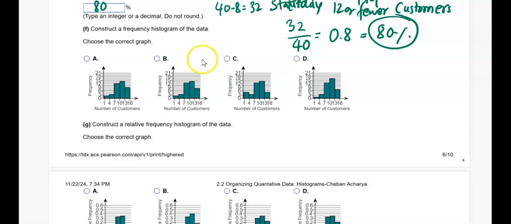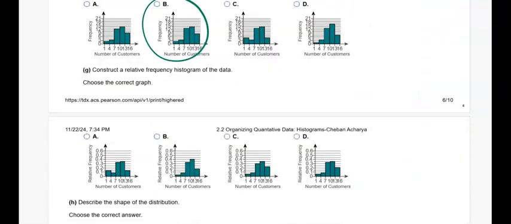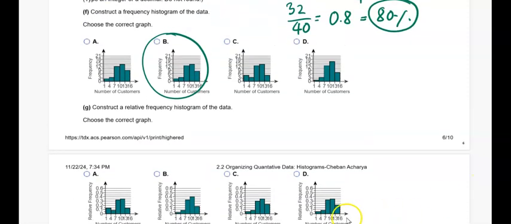If you match that frequency table with these 4 options, the answer for this question is going to be B, because you see that 1 to 3 is 2 customers, and so on, right? That's the B. So relative frequency distribution is similar to frequency distribution. You just look for relative frequency on the y-axis here. So this is the D as the answer, as the relative frequency histogram.